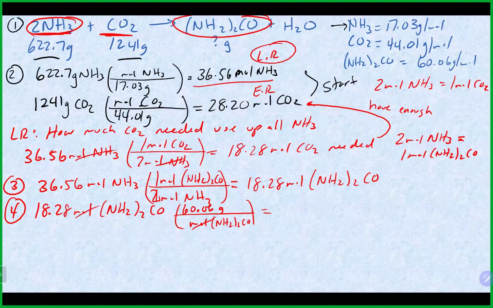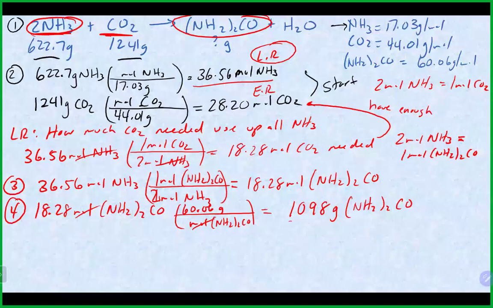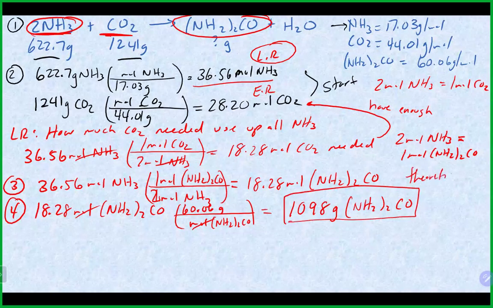And we'll times that by 60.06. Looks like 1098 grams of our product here. And in this particular case, that probably looks good. We got 4 sig figs on everybody, so we'll go with that. This would be, again, our theoretical yield in this case. Any questions on that there?